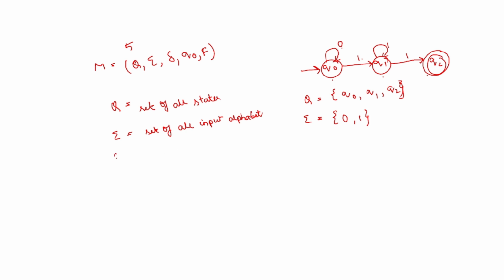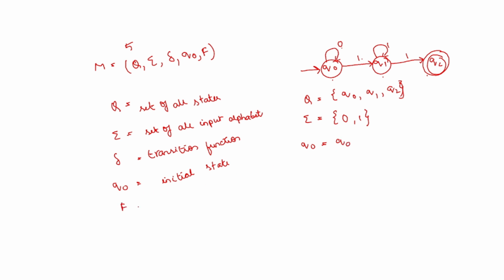The third one is delta. It is a transition function. We'll talk about this in a minute. Next one is q0. q0 is our initial state. So in this example q0 is the initial state, so q0 equals q0.